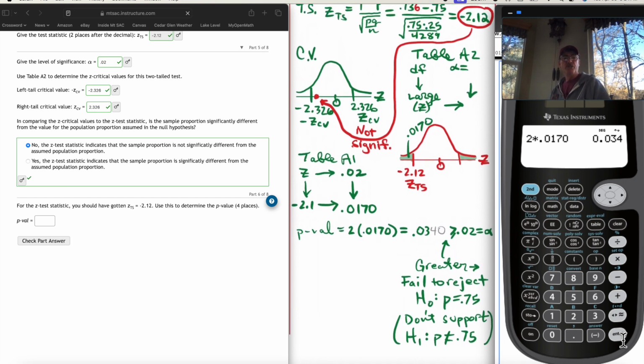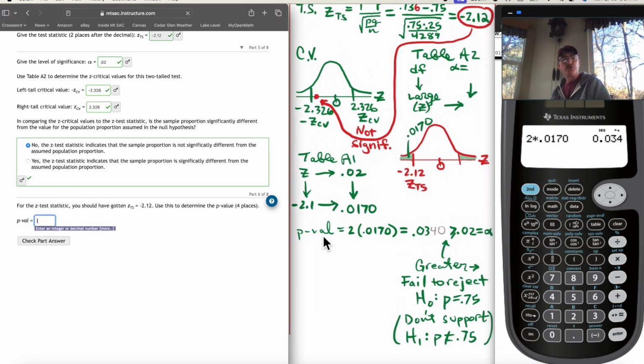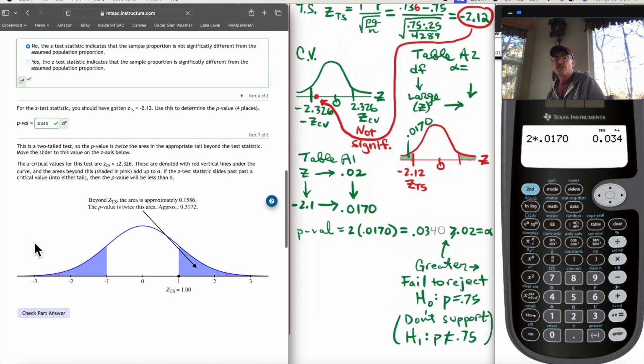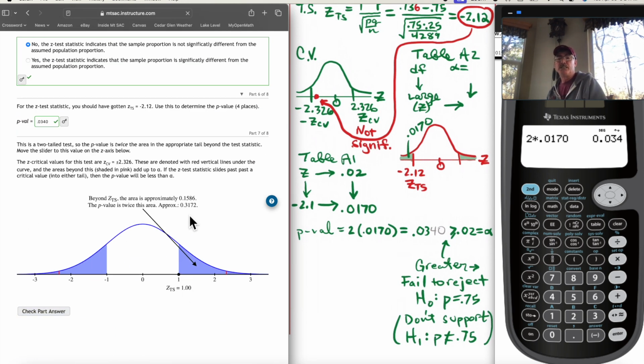Okay, and then what we want to do is just try and find a conclusion that kind of fits this. Let's go ahead and put in our answers here. So the p-value is 0.0340. Okay, hopefully that's right. And then we'll do our slider to compute it. This one just automatically doubles the area for us. So our z statistic was negative 2.12. You have to grab the dot that's black here. There's not a dot on that side. Just make it negative, so drag it over this way.